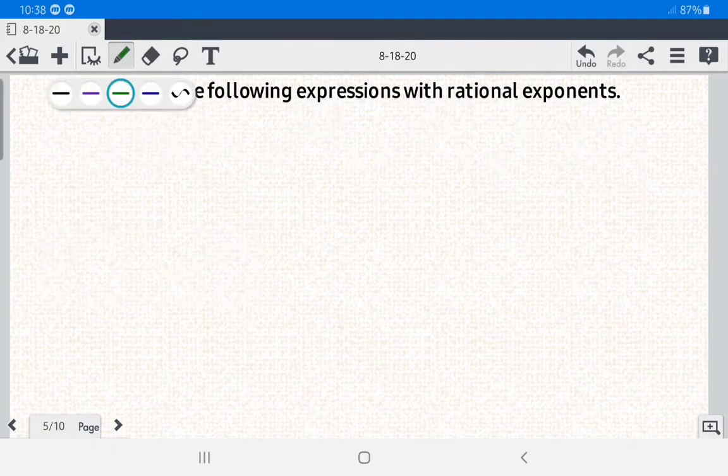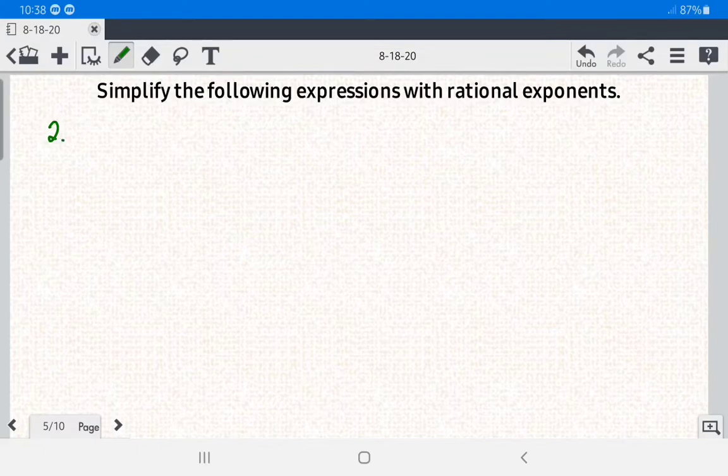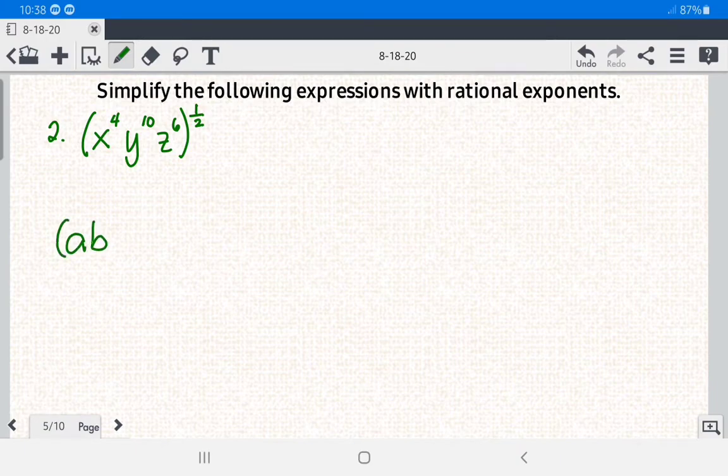Okay? For number 2, let's say we have x raised to 4, y raised to 10, and then z raised to 6, all raised to 1/2. Okay. So here we're going to make use of the second law of exponents, the law of exponents where if we have ab raised to m, this is equal to a raised to m, then b raised to m.